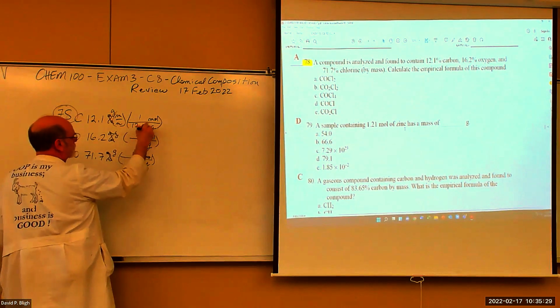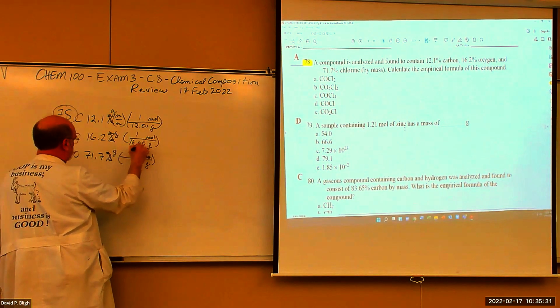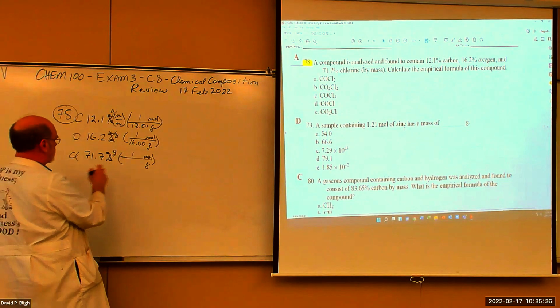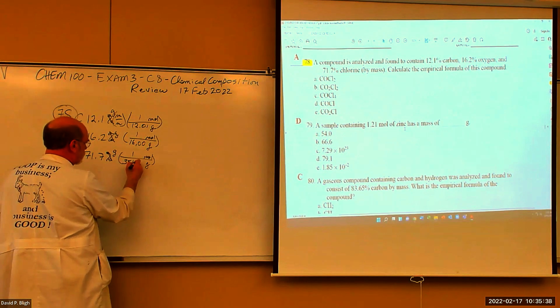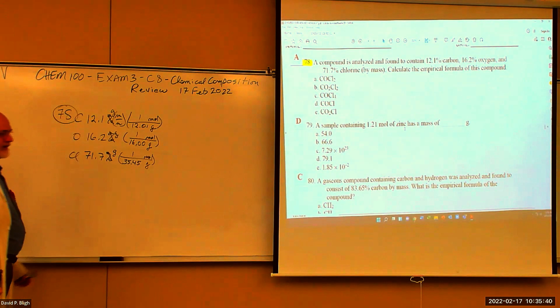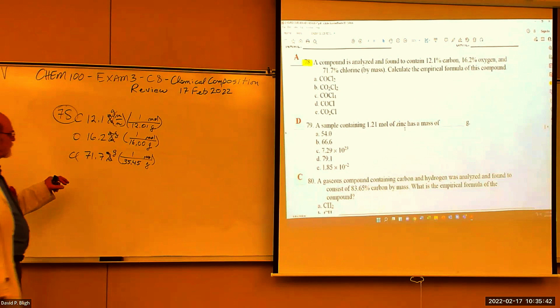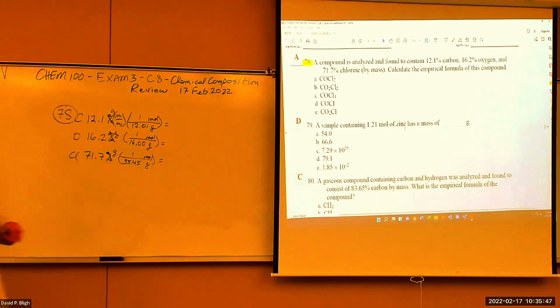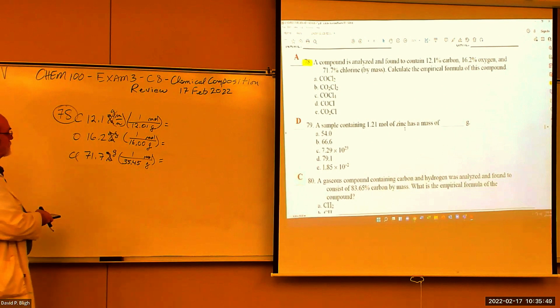Well, we have 12.01, 16 for oxygen, and oops, that's chlorine, 35.45 for chlorine. Make that one memorized too. Okay, so this gives us the mole ratio of each one. It's going to be fractional though.